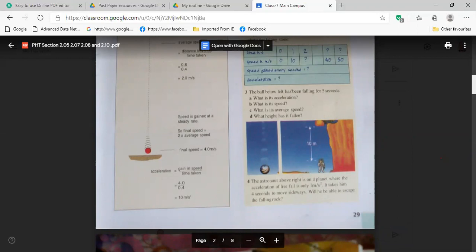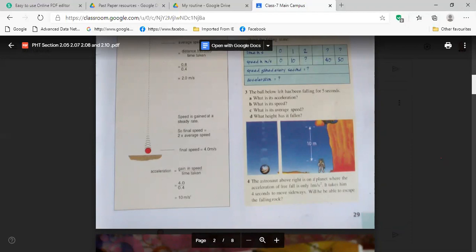Hassan, raise your hand. Hassan, please ask me. Sir, is final velocity the final speed of an object? Yes, same thing.